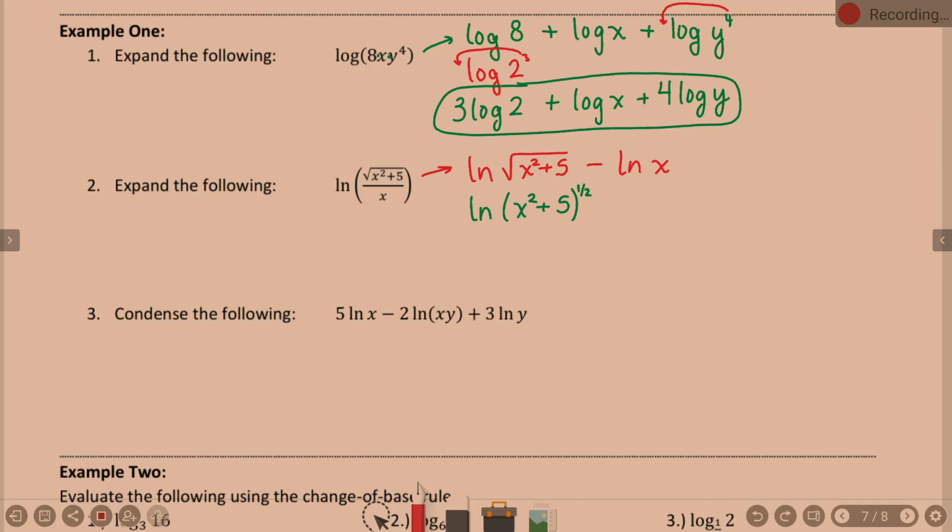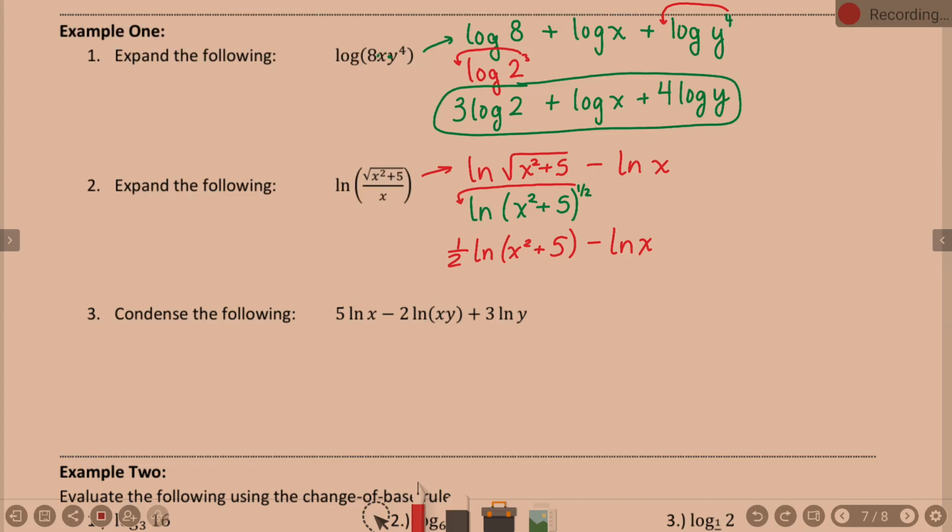Yeah. Now that we've gone from a square root to a power, can we use our power rule? Yeah. So that 1 half can go out front, and this can become 1 half natural log of x squared plus 5 minus natural log of x.